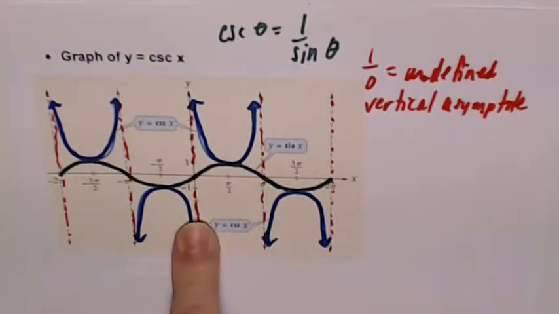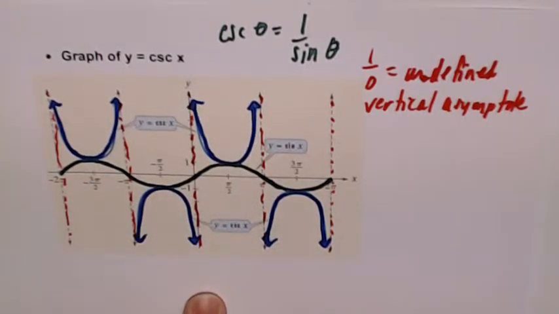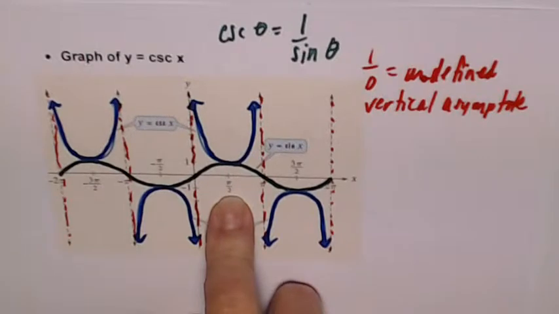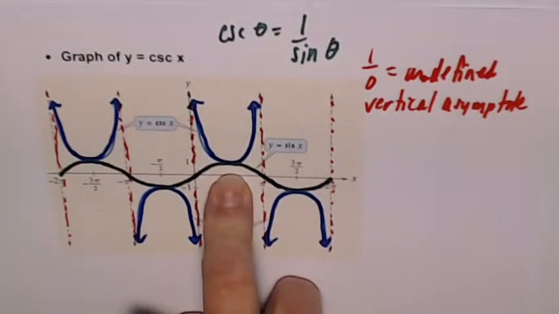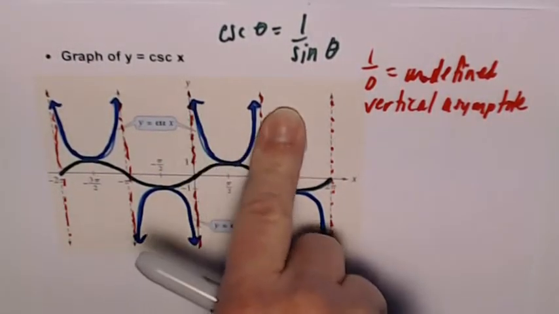So characteristic, whenever there's a 0 in the sine function, in our cosecant function that gives us a vertical asymptote. The other thing I am seeing is that these U shapes occur when we have a max or a minimum in our sine function. If I take a look at pi over 2, the sine of pi over 2 is 1. This 1, which is a maximum point for our sine function, is the minimum for this upward-facing parabola.